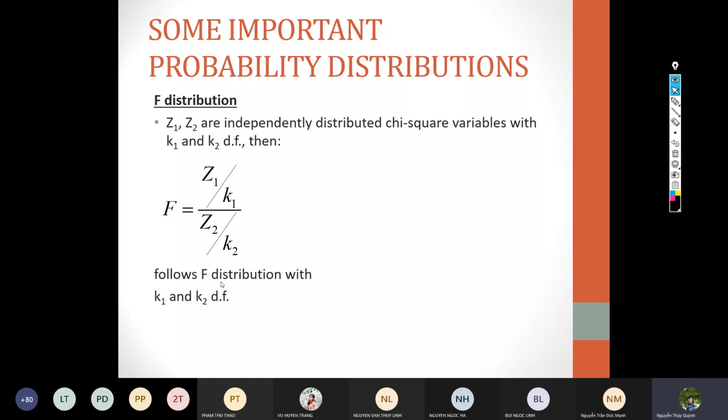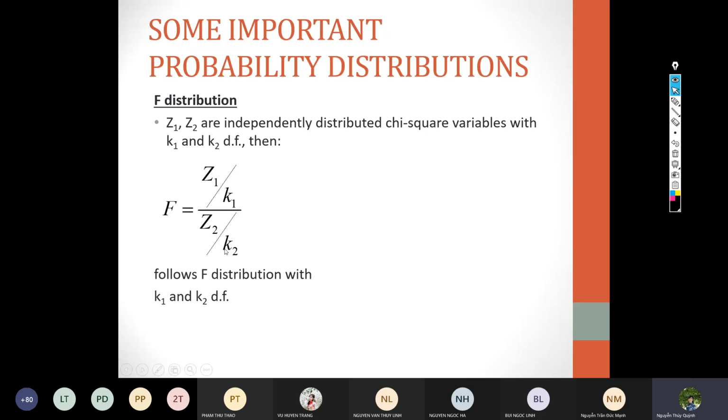So the chi-square distribution and t distribution have 1 degree of freedom, all right? But for the F distribution, the Fisher distribution, we have 2 degrees of freedom, the numerator degrees of freedom and the denominator degrees of freedom, K1 and K2.